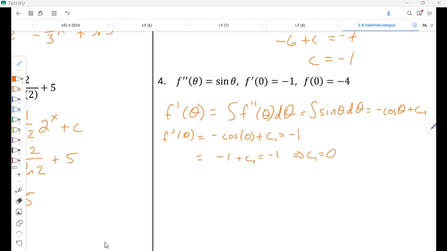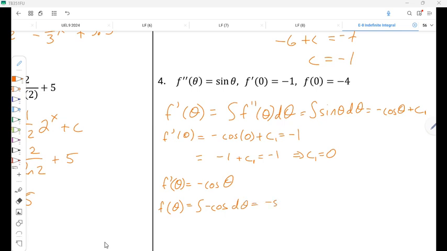Which makes our next step a little bit easier, because if C1 was a value, in my next integration step I'd have to get an antiderivative for it. Like if it was a 5, I'd have to integrate that 5 to get 5x. But in this example, it's relatively easy. So now I know for certain that f prime of theta is just negative cosine theta, which means that to recover f, I'm going to integrate negative cosine theta d theta.